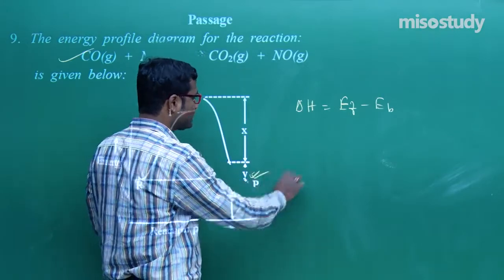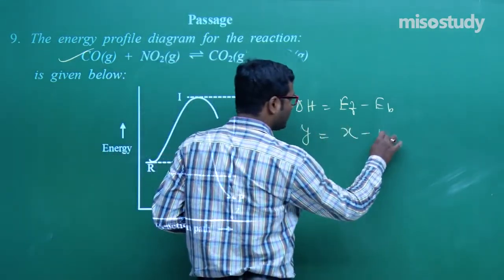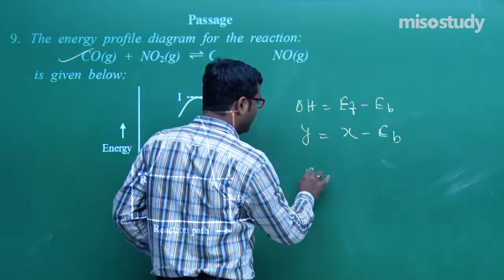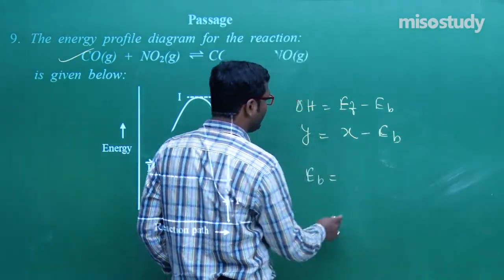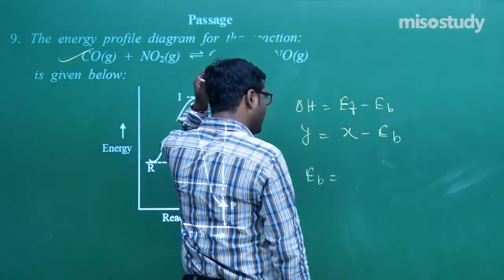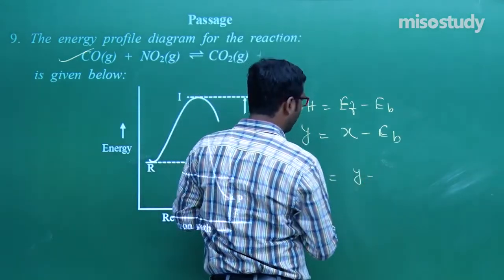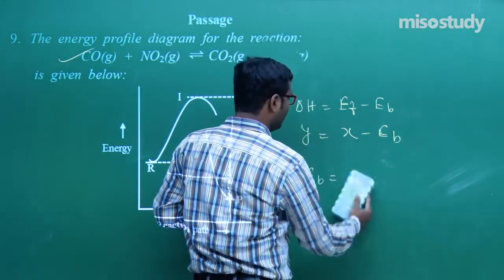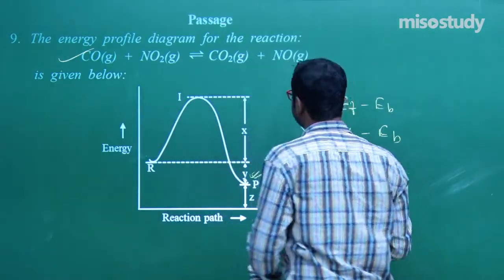This is delta H, Y, and activation energy of forward is X, so the activation energy of backward EB will be equal to, tell me what will happen if it moves here. One more thing, that is Y minus X. Am I right? No. That is X minus Y.